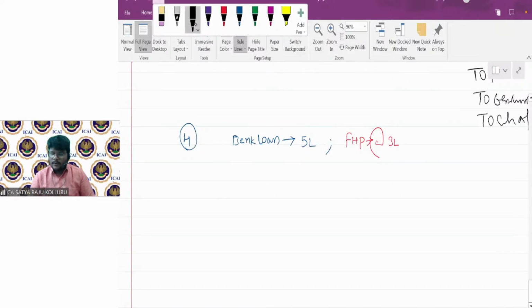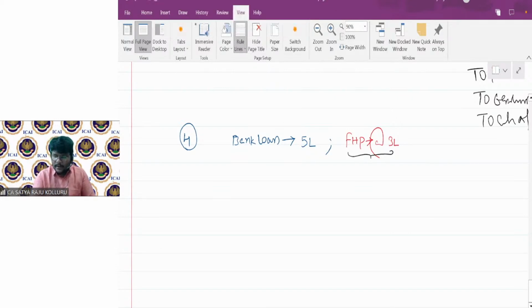Now, during the process of internal reconstruction, the freehold property is revalued at the rate of 3.5 lakh, and the revalued freehold property is going to be settled to the bank loan party as a full and final settlement.